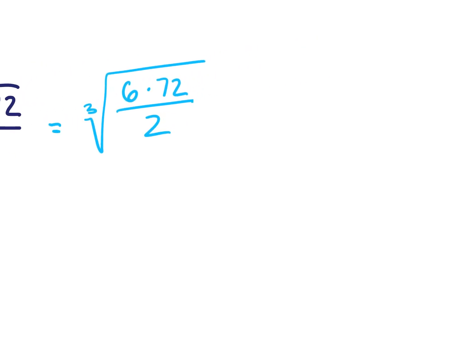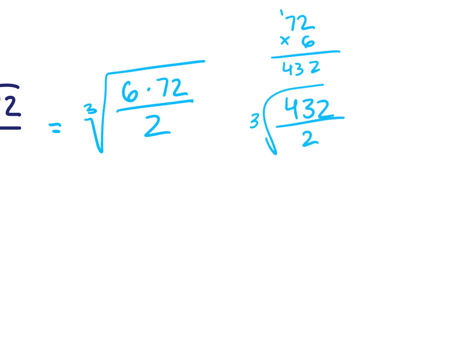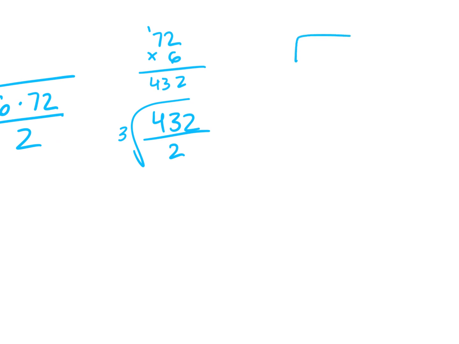Now 6 times 72 would be 6 times 7 is 42, plus 1 would be 43, so 432 over 2. And then we could divide it by 2. So 2 goes into 4 twice, 2 goes into 3 one time with 1 left over, and 2 goes into 12, 6. So we have the cubed root of 216.